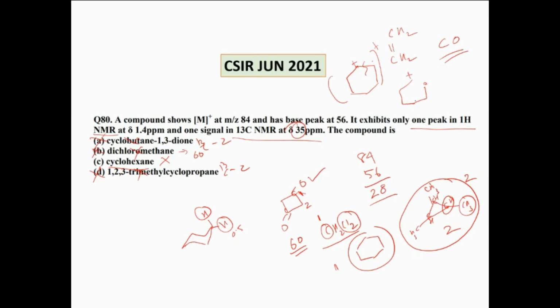Further, you'll be having this particular fragmentation. So here one dot, here one dot, these dots combine. So you'll have formation of plus ethylene going out. This is a fragmentation of cyclohexane. So if 28 goes out, the remaining is 56. Do you understand this?